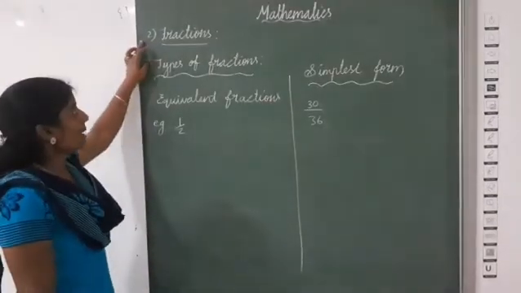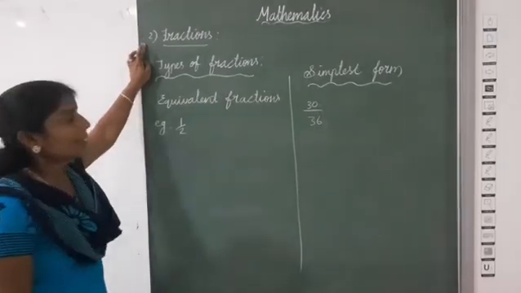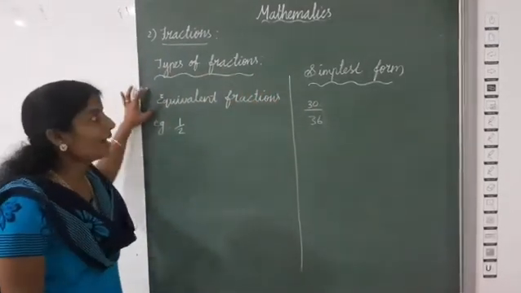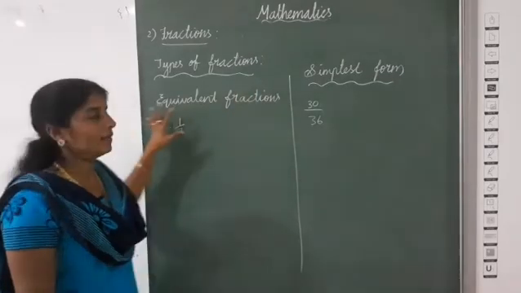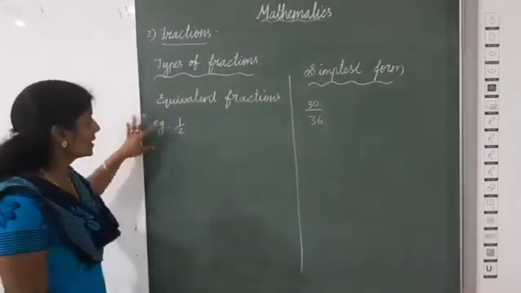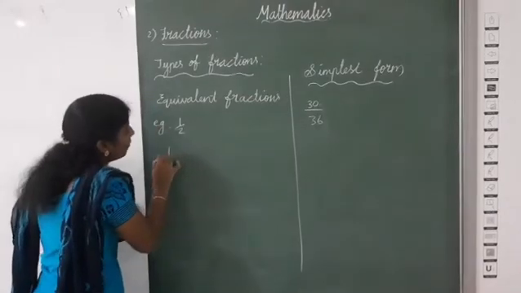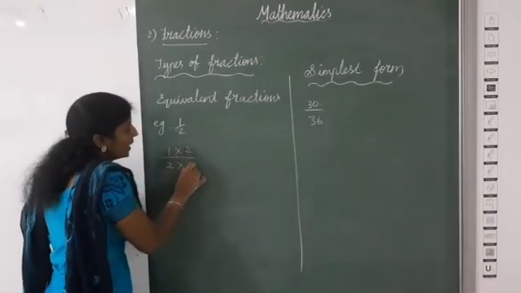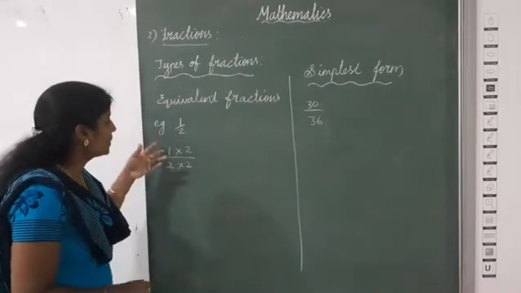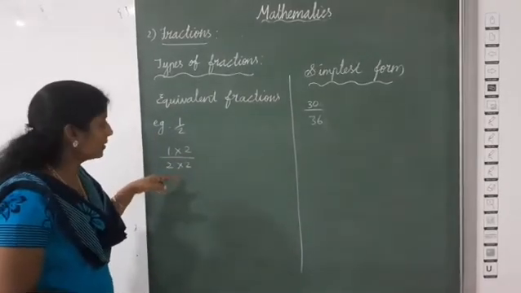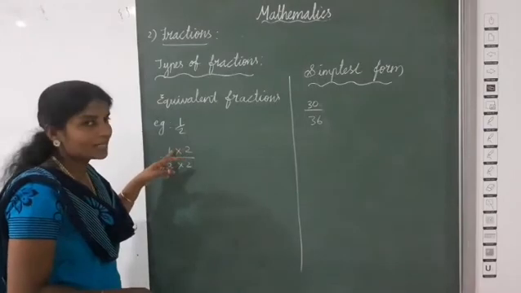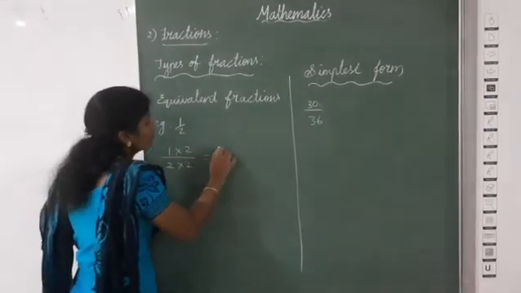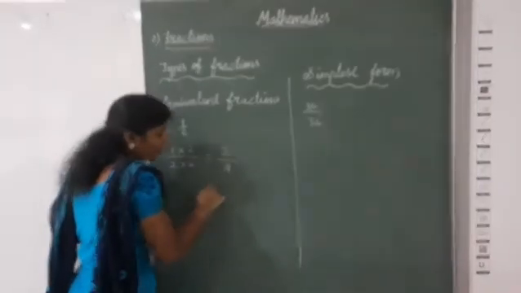Okay. Now, chapter 2, fractions. Types of fractions. First we can take equivalent fraction and simplest form. What is equivalent fraction? For example, 1 by 2, now 1 by 2 into 2 by 2. Any number we can multiply by numerator and denominator. Here multiply by 2 in the numerator and 2 in the denominator. Now 1 into 2, 2. 2 2s are 4.